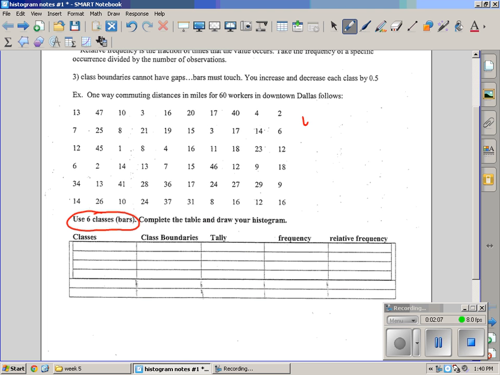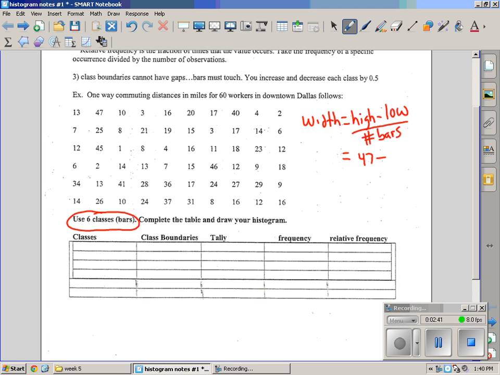So again, my width of each bar is the highest number minus the lowest number divided by the number of bars. And then you go up to the next number. So you need to look through all the data in there. What's my highest number? Is it 47? Make sure. Yes, the highest number is 47.